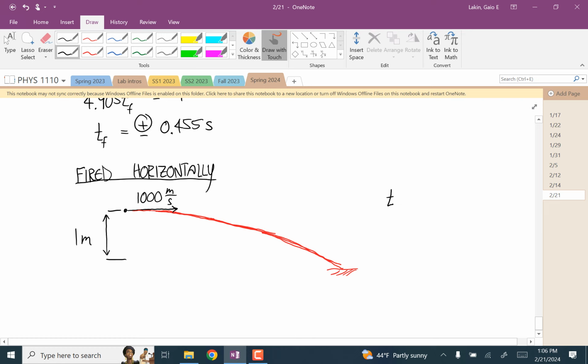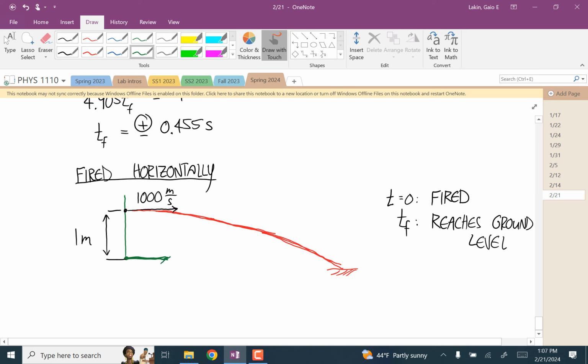Okay, my time equals 0 is going to be when it's fired. My time final is going to be when it reaches the ground level. My coordinate system, I'm going to put the origin on the ground right underneath where it is at the start of the motion.